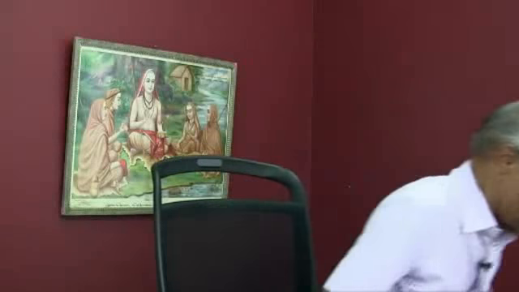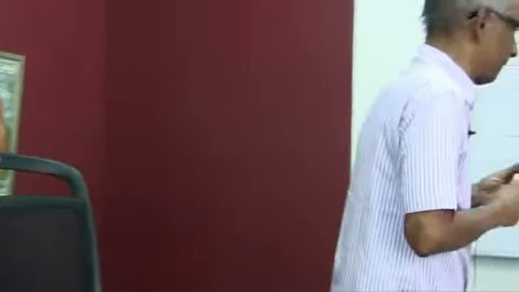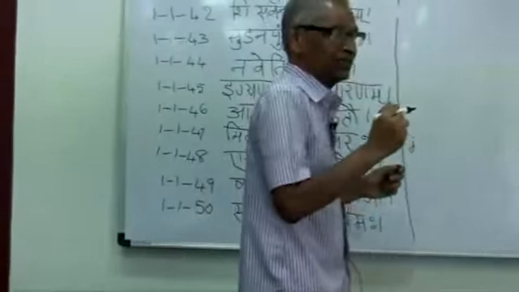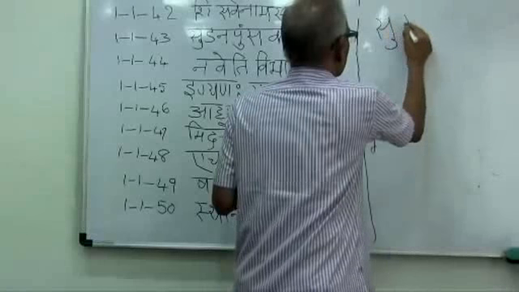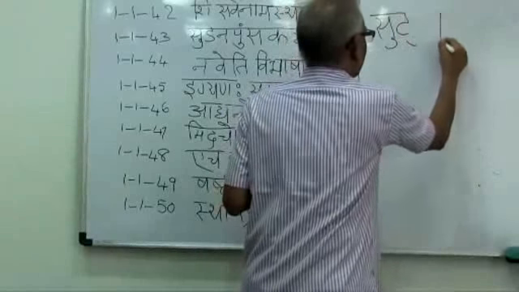Anapumsakasya Pratipadikasya Sarvanamasthānam Ichukte Sut. So, Si doesn't come here. Another thing has come, Sut. What is this Sut? What are these sthanas indicated by Sut? Sut is a pratyahara.